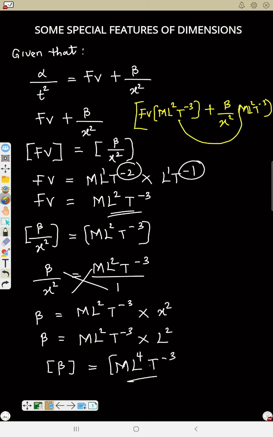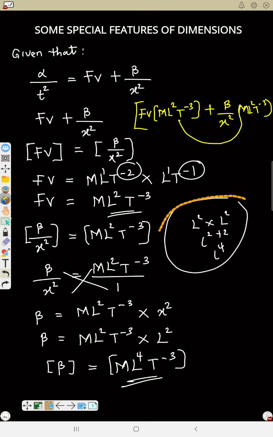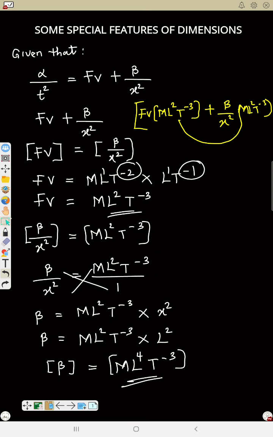So how do we get that? That means L square times another L square. In the law of indices, you are going to add the power. L square times L square will be L raised to power 2 plus 2, L raised to power 4. So that means the dimension of beta is ml raised to power 4 t raised to power minus 3, in which this m can carry power 1.